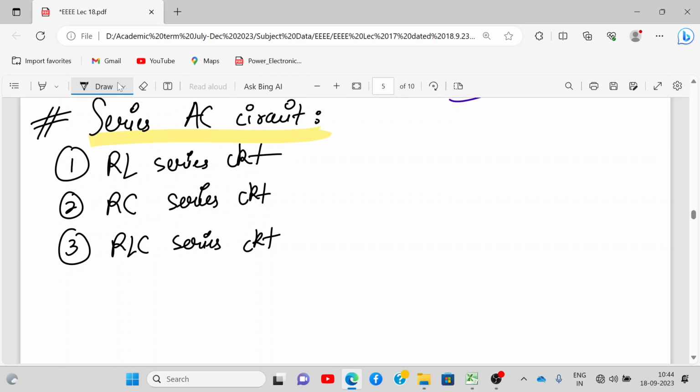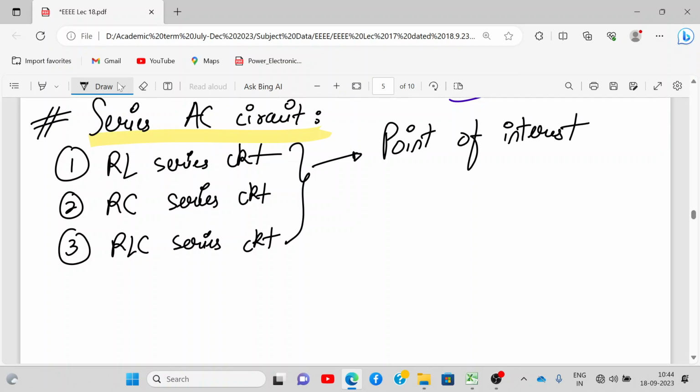Okay, now whenever we analyze these circuits, the main aim, or the point of interest in the above series RC circuit, is finding the things below. So what do we find? The point of interest is finding first the phase angle. So remember, this is very crucial.